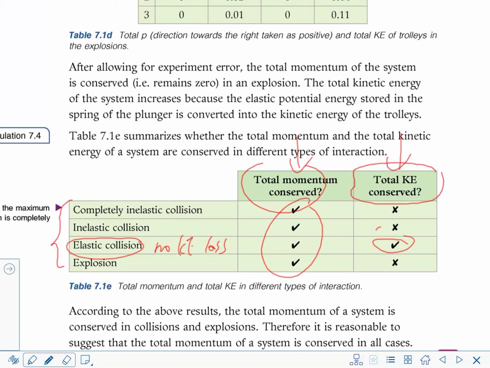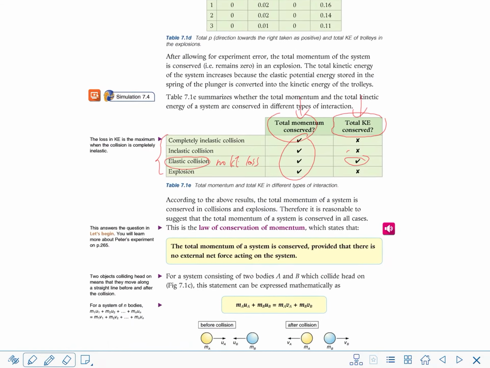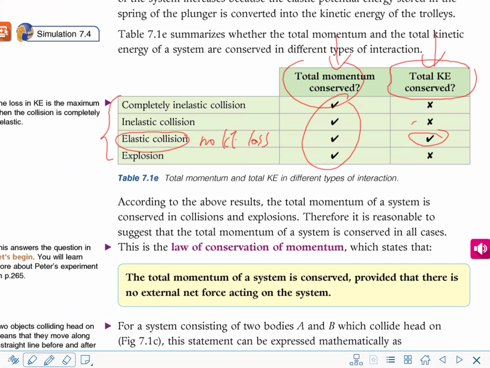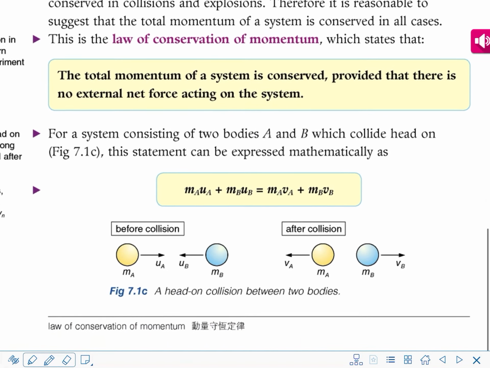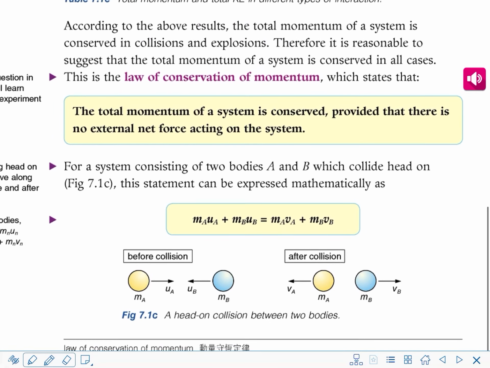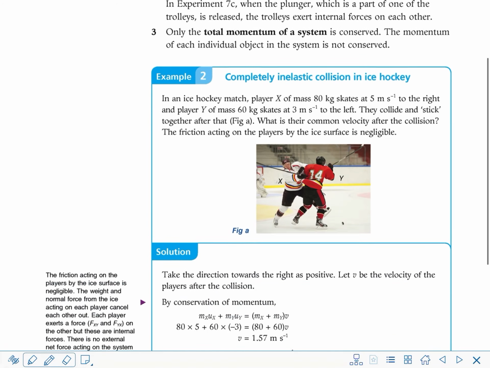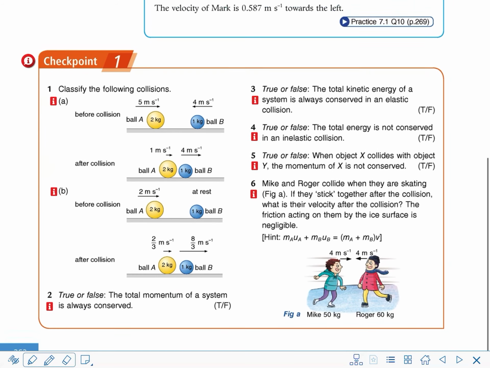It will be based on your calculation. So remember, you have to calculate the total KE of the system if the question is asking you about the type of collision. Total momentum of the system, here is the equation, as we have talked about before.